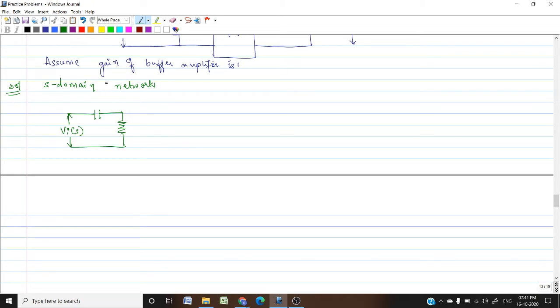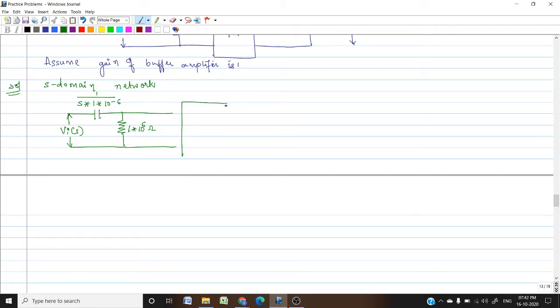C value is 1 microfarad, so this becomes 1 divided by S into 1 into 10 to the power minus 6. And this is 1 mega ohms, which is 1 into 10 to the power 6 ohms. The next part of the network is the buffer amplifier.